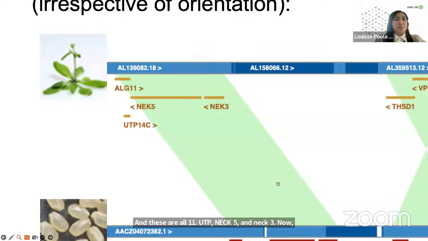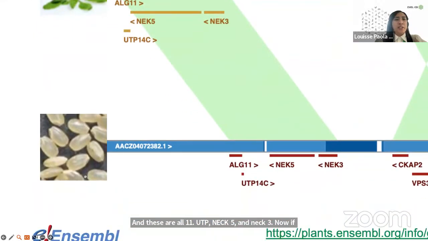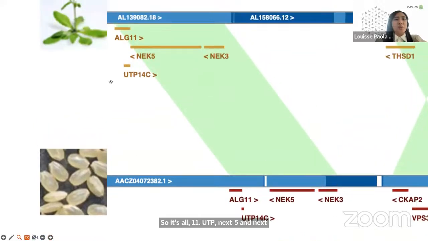Now, if you align this block to the rice species, we can see that the order of the genes actually remains the same. So it's ALG11, UTP, NEC5, and NEC3. This is what we call a syntenic block. It just means that the order of the genes of the homologous block is conserved across the different species.